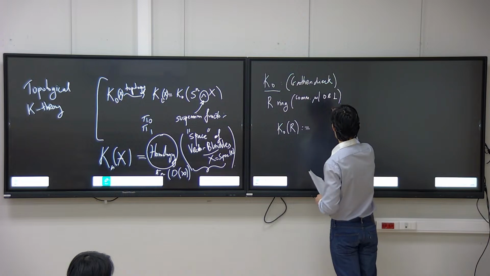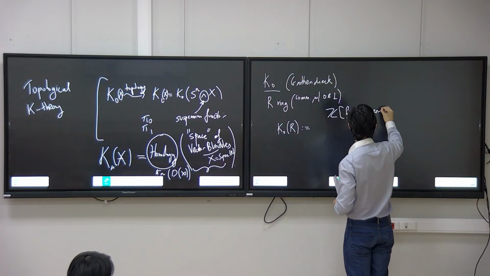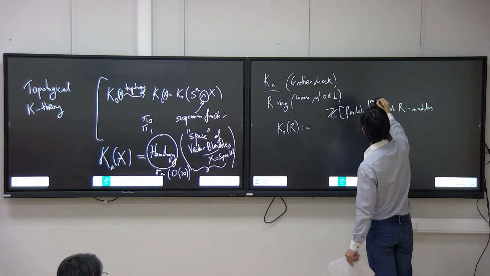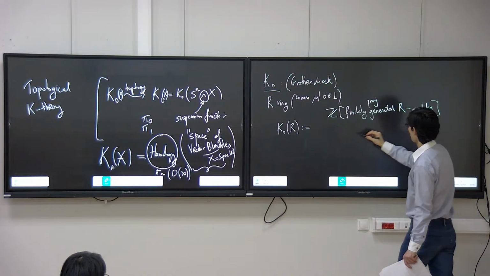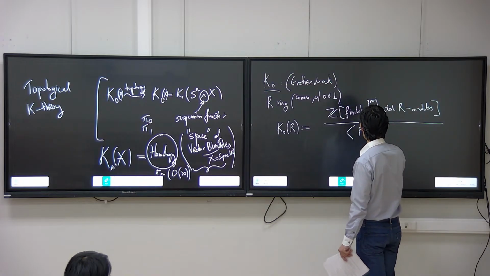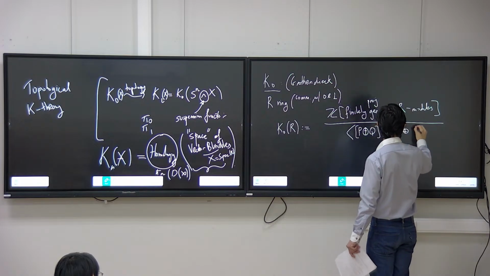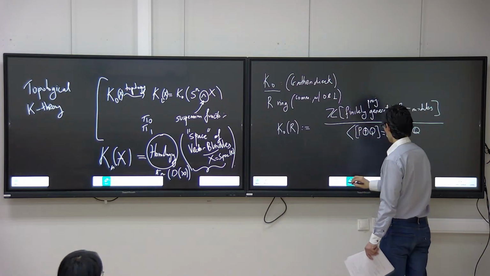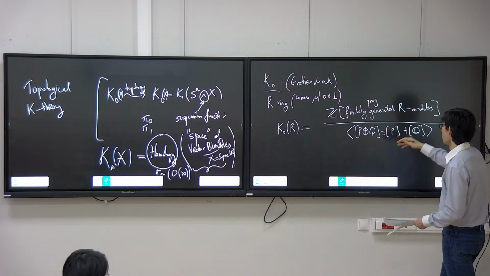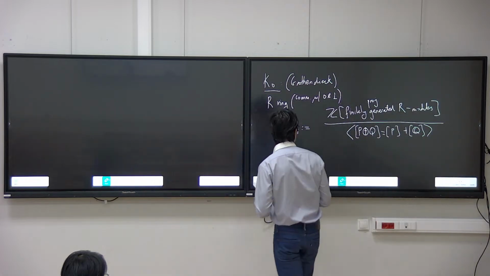So one natural candidate is to take the free group of finitely generated projective R modules, since we're trying to study vector bundles here, and quotient out by exact sequences, so P plus Q is equal to the extension of P by Q. I can write this in this way because exact sequences split in projective R modules, so this is equivalent to saying exact sequences are 0 in some sense.